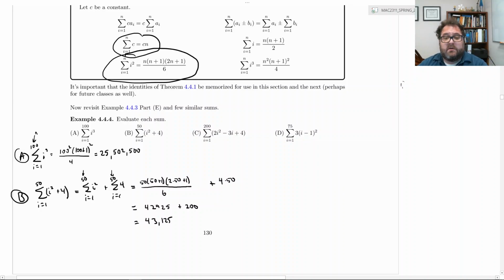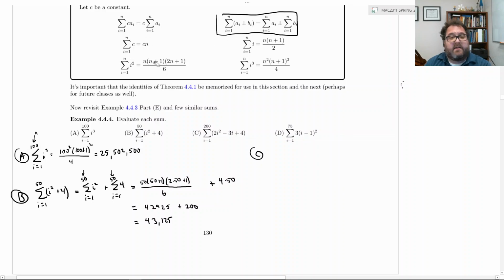Okay. What about C? C, we have 3 terms. So let's see what we can come up with here. So we can use the sum rule. By the way, just like with the sum difference rule for derivatives, for limits, and for antiderivatives, we write the theorem with 2 terms, but it applies to 3, to 4, to 5, to 100 terms.